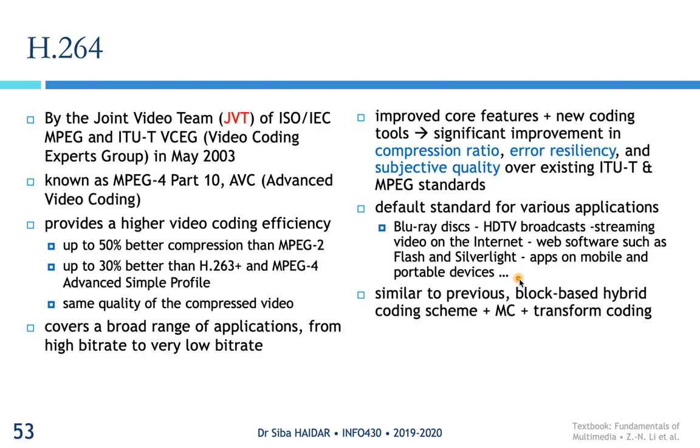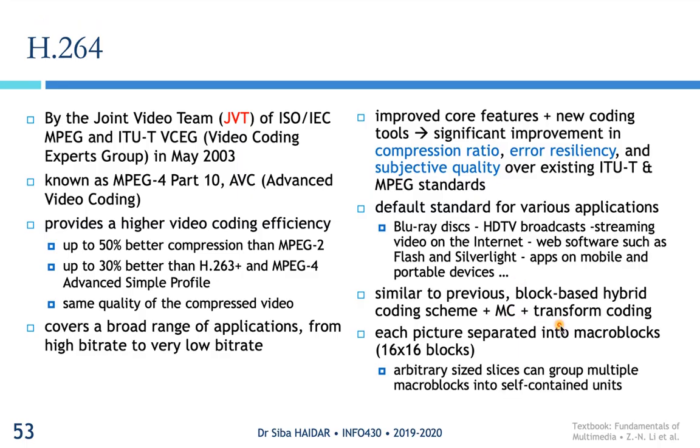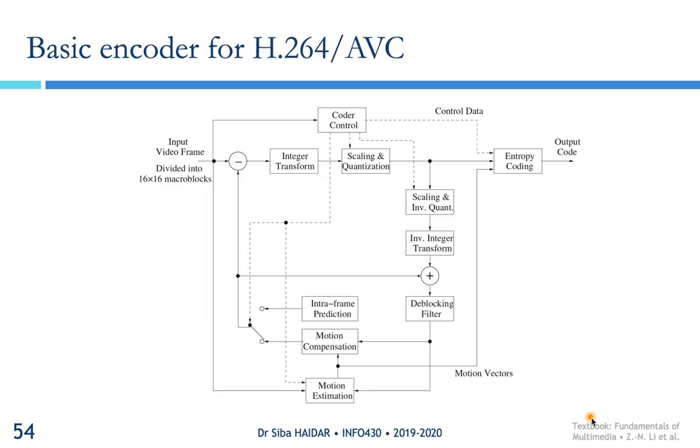Similar to previous standards, it is a block-based hybrid coding scheme plus motion compensation plus transform coding, and each picture is separated into macro blocks, which are 16 times 16 blocks, and arbitrary size slices can group multiple macro blocks into a self-contained unit.